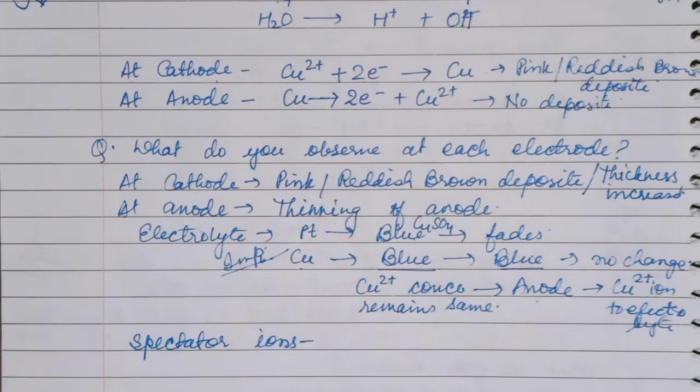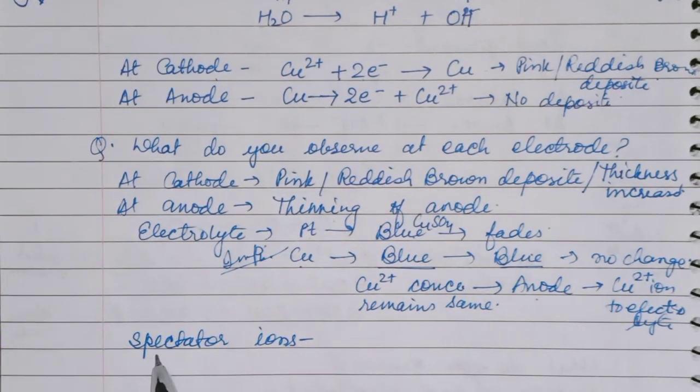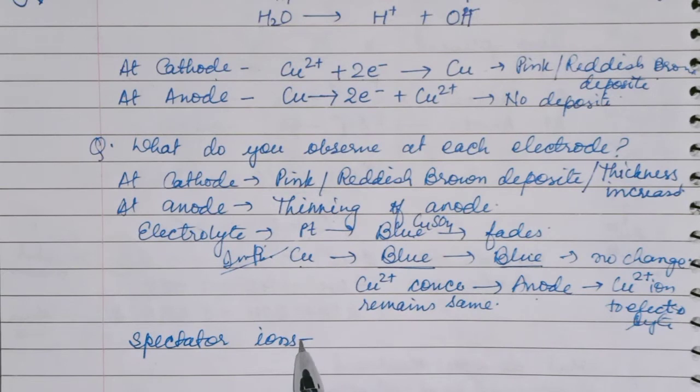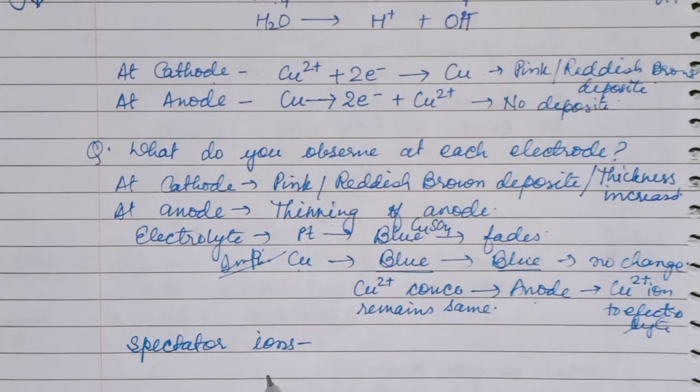Okay. Now another point is spectator ions. The ions which are not taking part in the electrolytic reaction are called spectator ions.